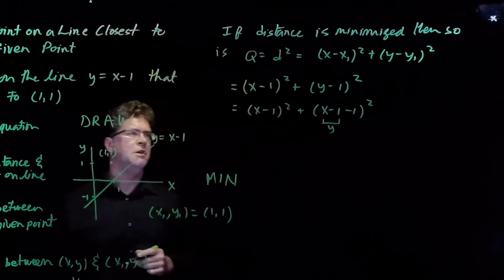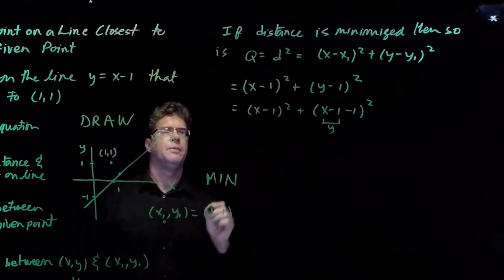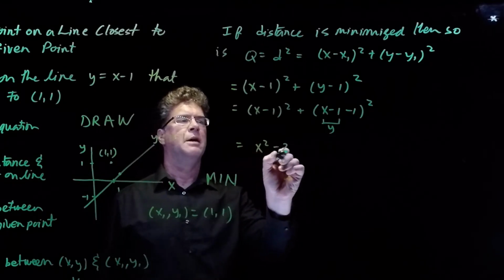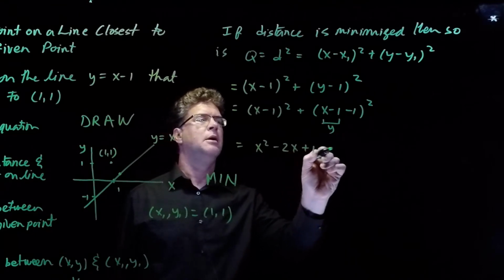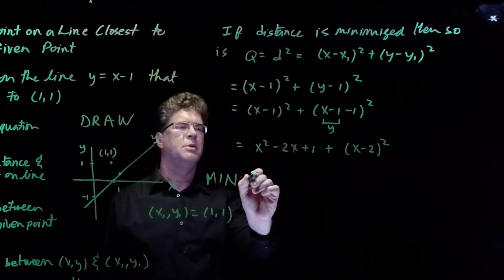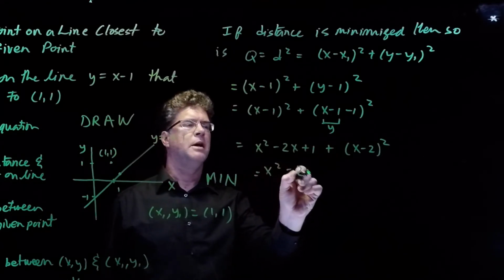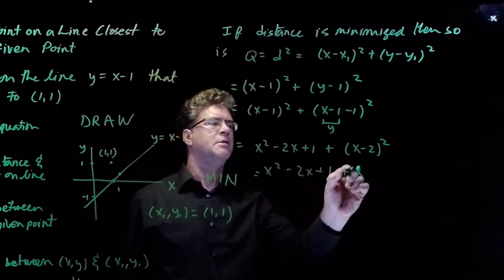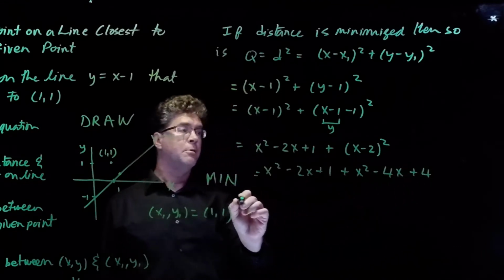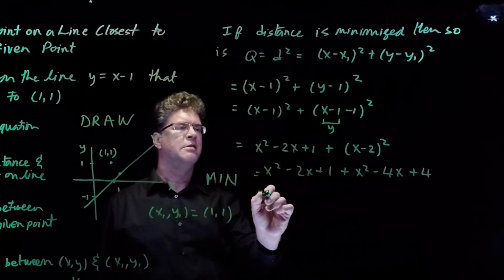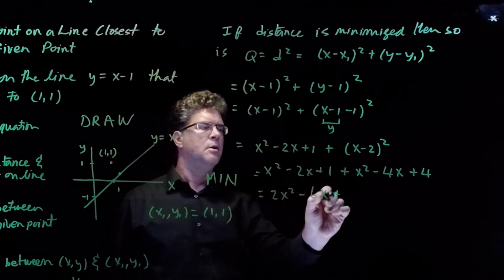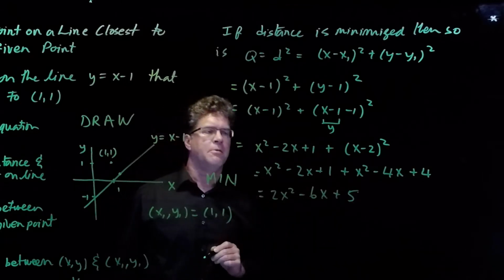That's where we use the fact that the point is on the line. We can expand this out: x squared minus 2x plus 1 plus x minus 2 squared, which equals x squared minus 2x plus 1 plus x squared minus 4x plus 4. If we group the terms together, we get 2x squared minus 6x plus 5. And that's our formula.